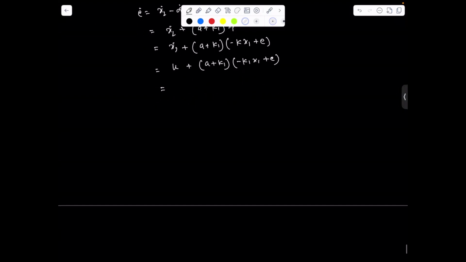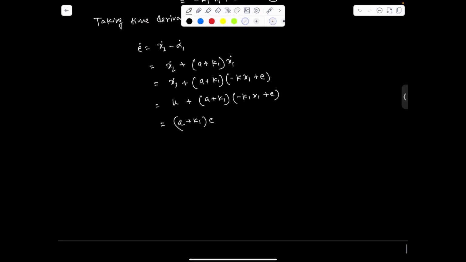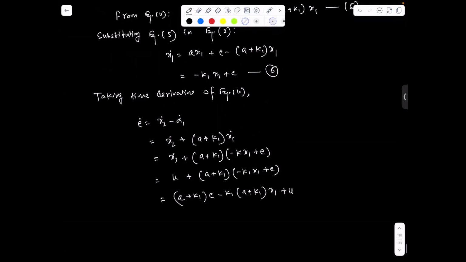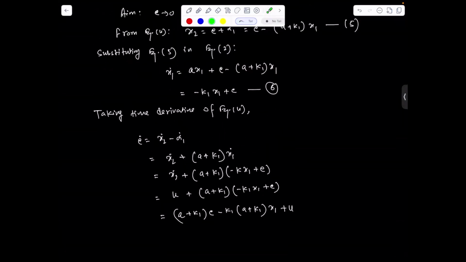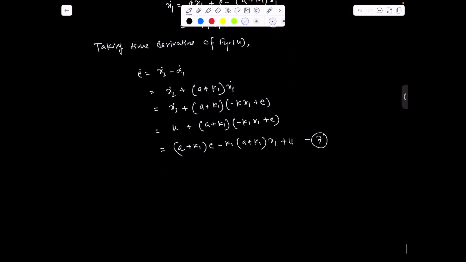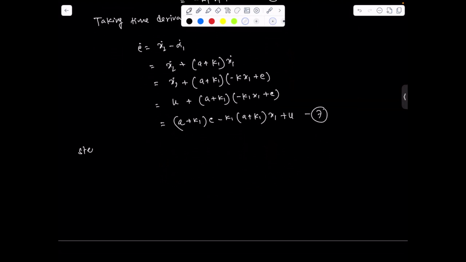From this we can write (a plus k1) e minus k1 (a plus k1) x1 plus u. Now this e dot and this x1 dot expression we will use to derive the Lyapunov function. This is equation 7. Now step 5.